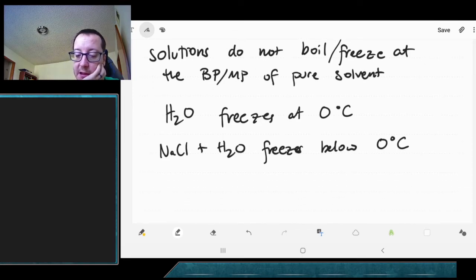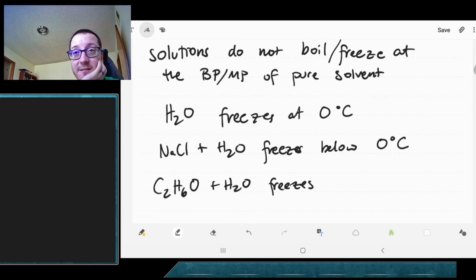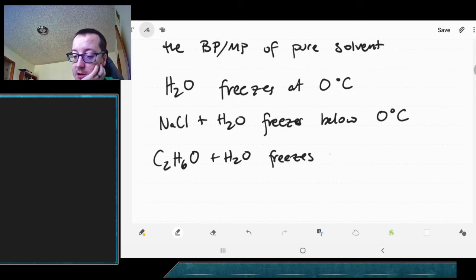And we see other ones like vodka, ethanol and water, which would also freeze below 0 degrees Celsius. It's in fact less than negative 20 degrees Celsius. Your freezer, by the way, is around negative 20 Celsius. That's rough freezer temperature. So we can have these solutions that freeze well below their normal freezing points.